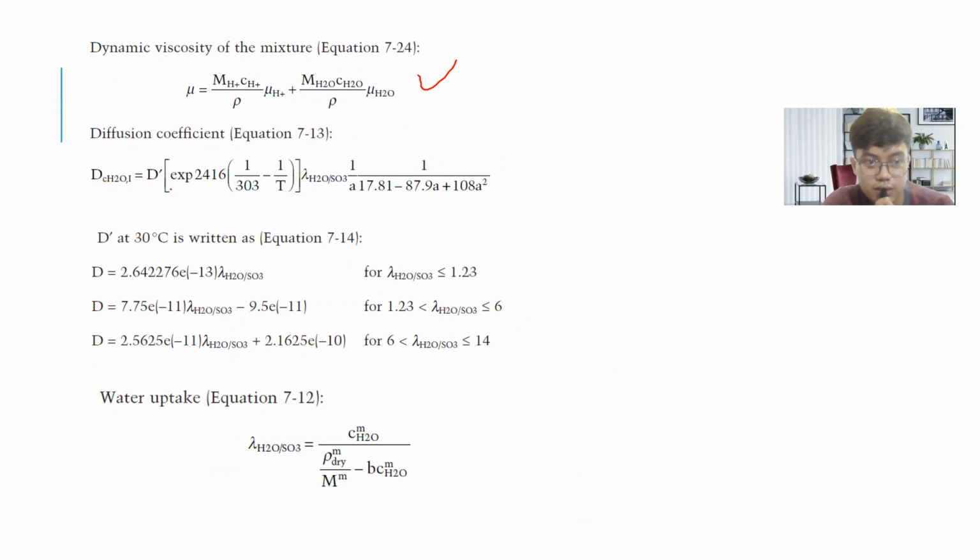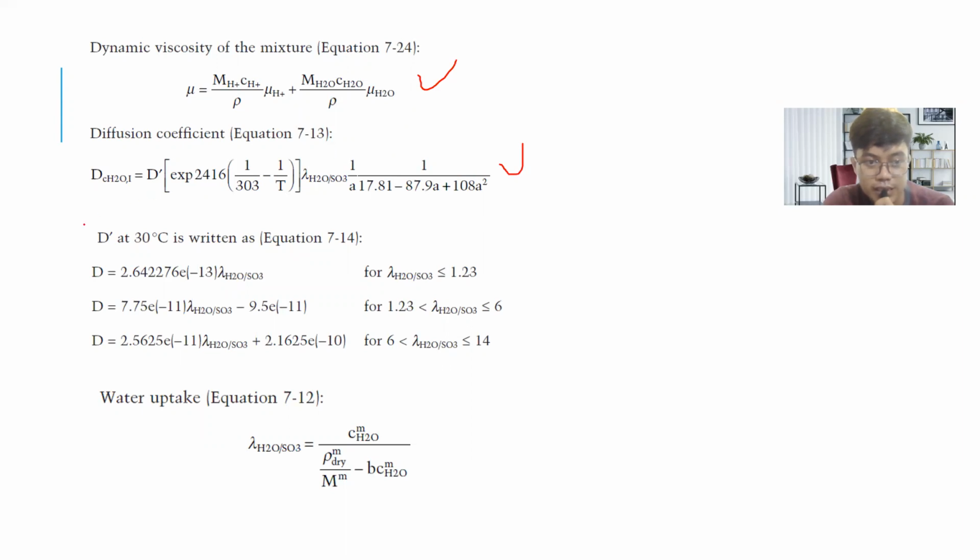The diffusion coefficient is equal to the differentiation of the activity multiplied by an exponent, and that has been written as below.